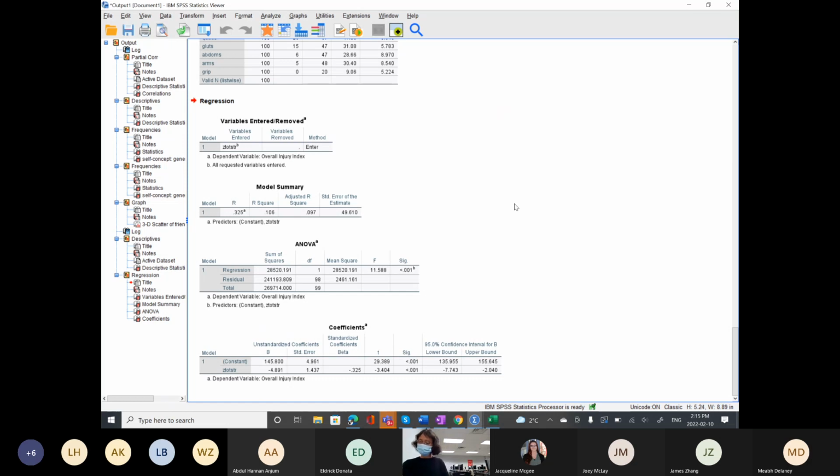So now we get all the output. Okay. So if you look at the model summary, we have R squared. R is the linear correlation coefficient, 0.325. So it looks like there is a moderate relationship between injury and body strength.